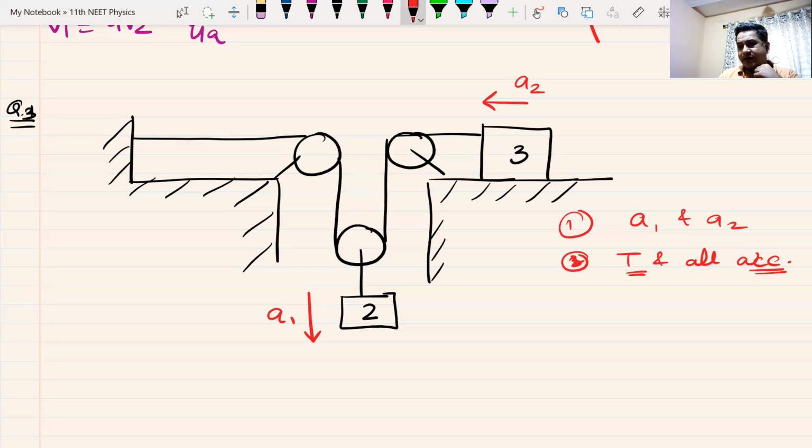Why? Are you trying? Why are you not getting the answer? What is the problem? You cannot get T? Draw the free body diagram, write tension and see how much tension is there.